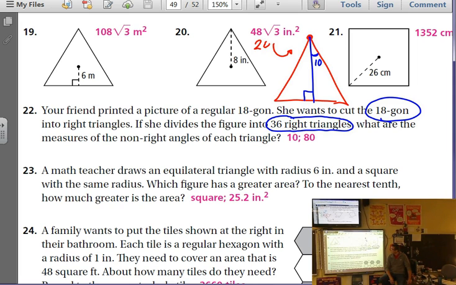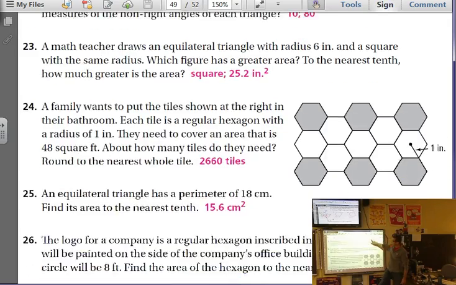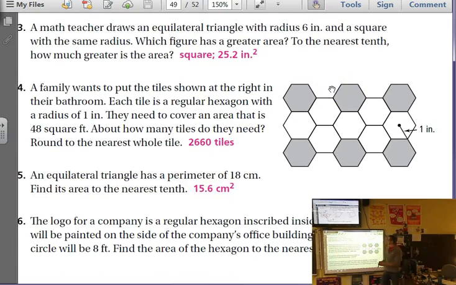23, the second part, like the difference. A math teacher has an equilateral triangle with a radius of 6 inches and a square with the same radius. I bet you it's how you drew it. So, the equilateral triangle with a radius of 6 inches.